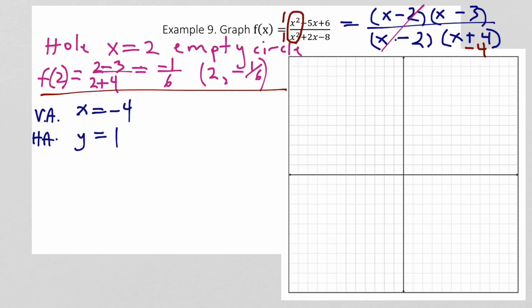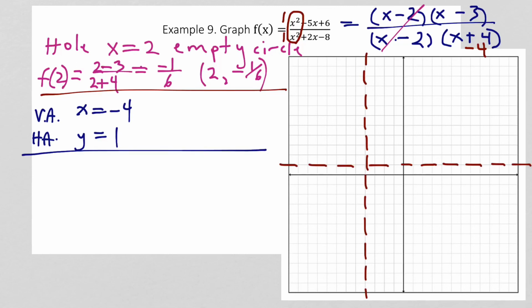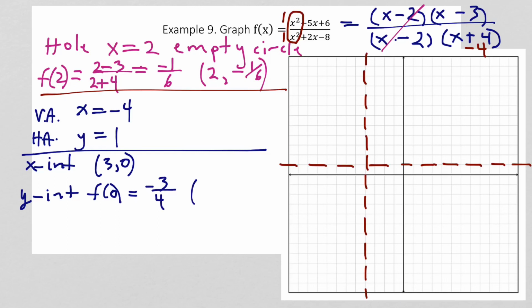So let's graph those. All right, now we need some dots. So let's find the x-intercept associated with the x minus 3 in the numerator. So that's going to be the point 3, 0. And the y-intercept is f of 0, which is going to be 0 minus 3 divided by 0 plus 4. So that's the point 0, negative 3/4.